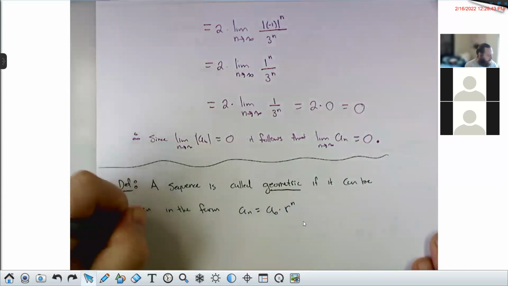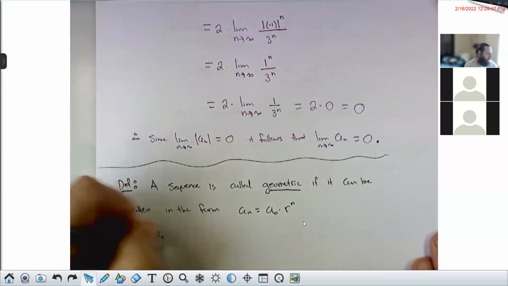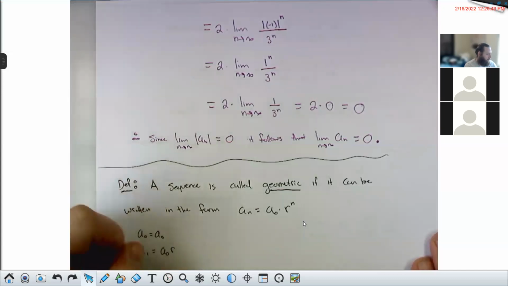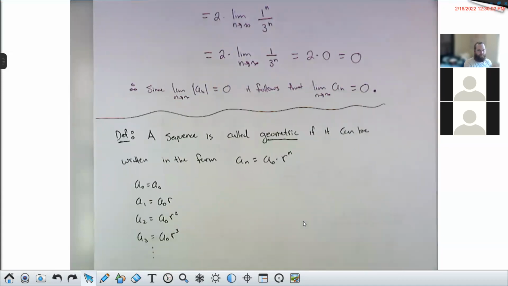So these terms look like: a0 is just a0, a1 is a0 r, a2 is a0 r squared, a3 is a0 r cubed, and so on.